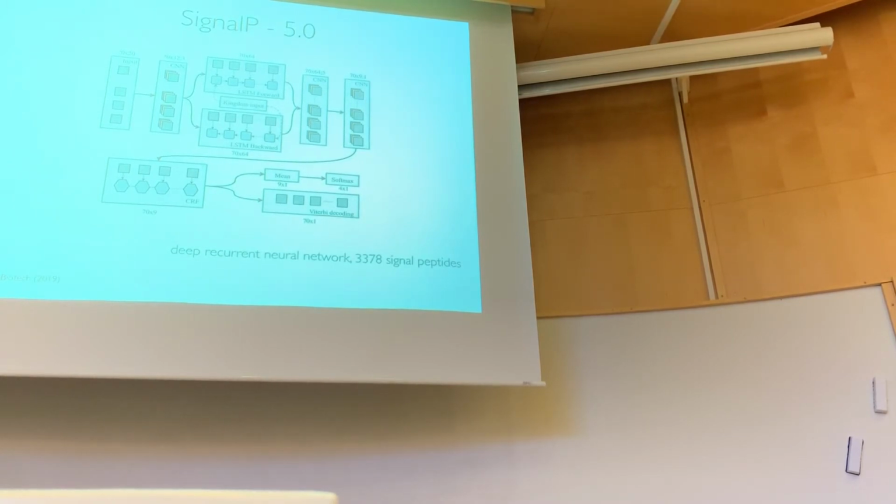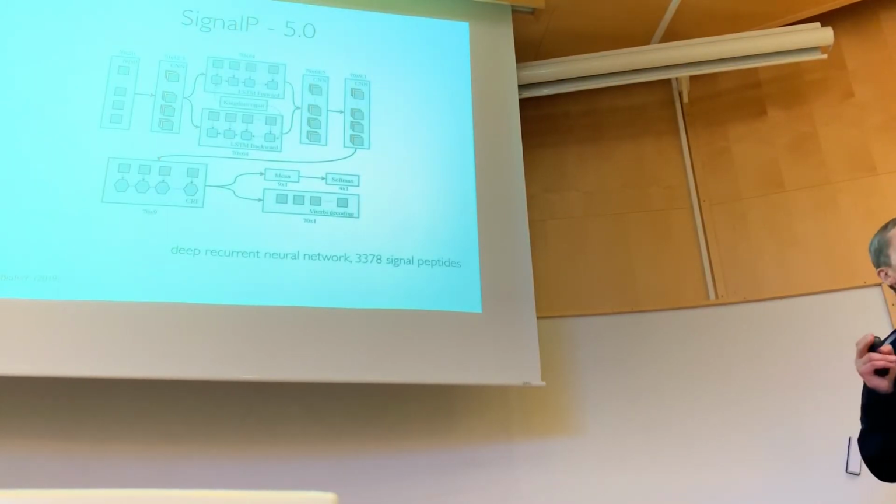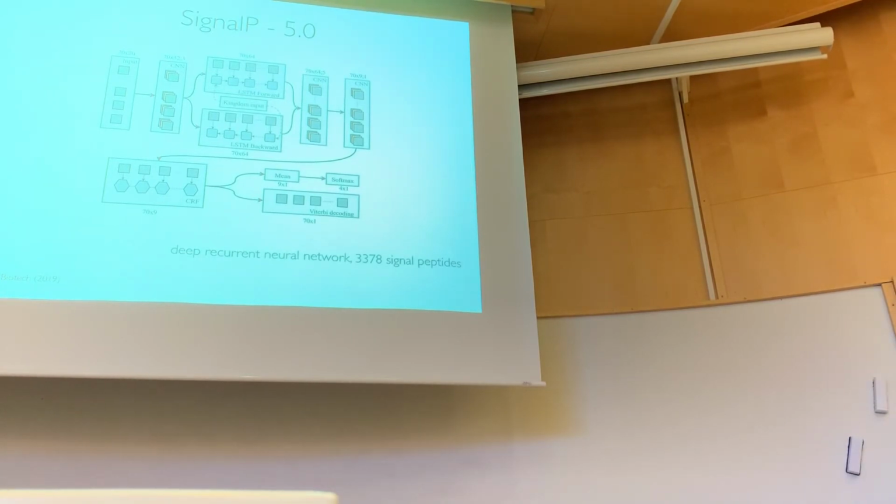Also the training set, if the first one was about 100, is now 3,500 signal peptides that go into training of this. In fact, in SignalP there are also a couple of other types of signal peptides included. So it can predict, I think, three different types of signal peptides, that I won't talk about, but it can start to distinguish between different types of signal peptides as well.